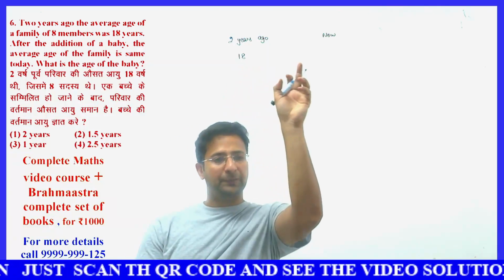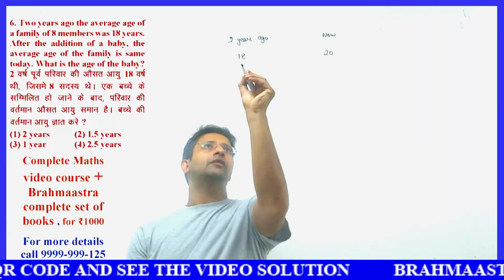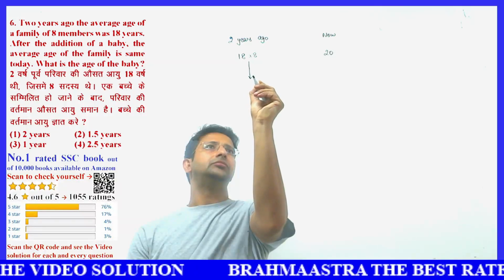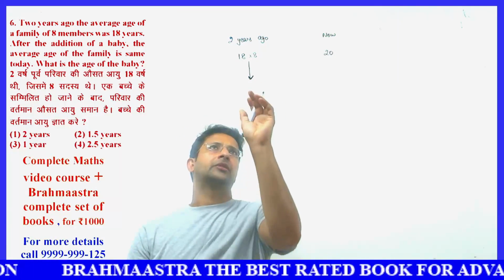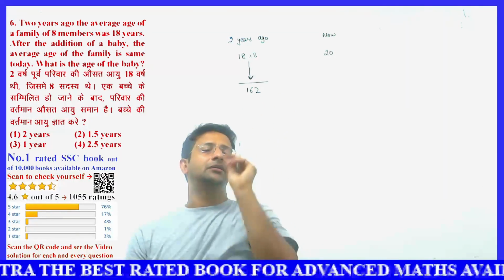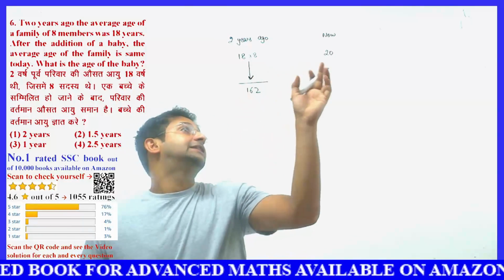If I talk about these people only, their average age will be 20 now. What will be the total age? Here the total age will be 18 into 8. Okay, so 18 into 8 is 162.